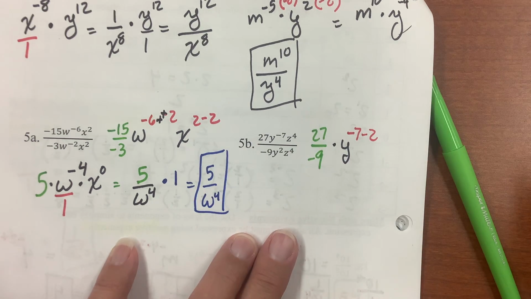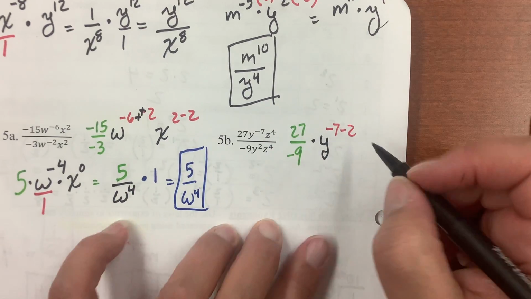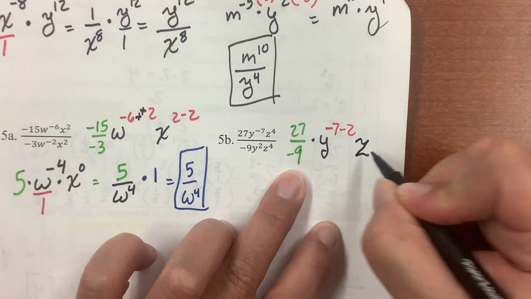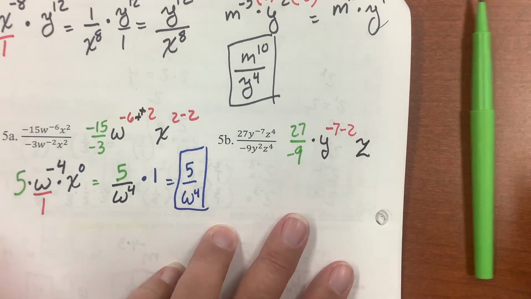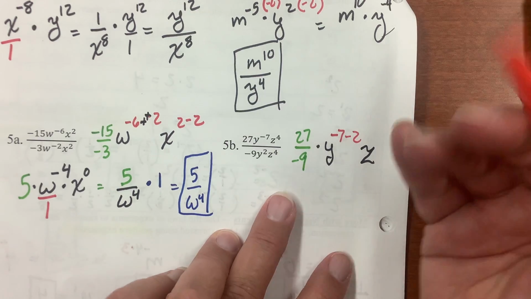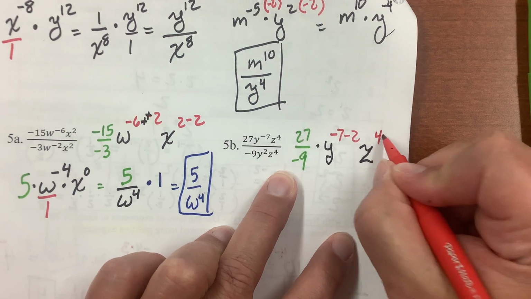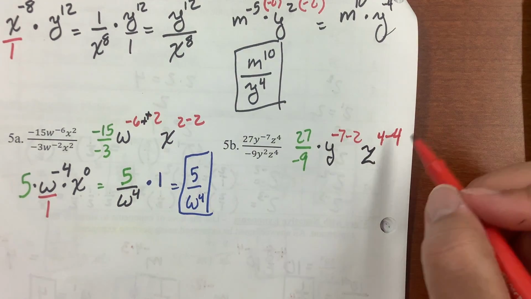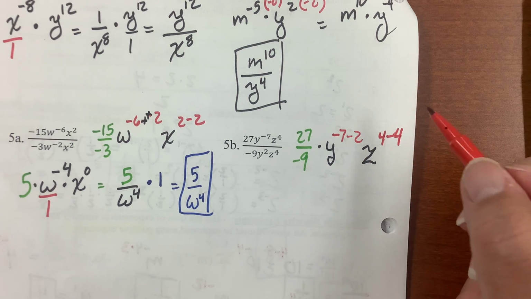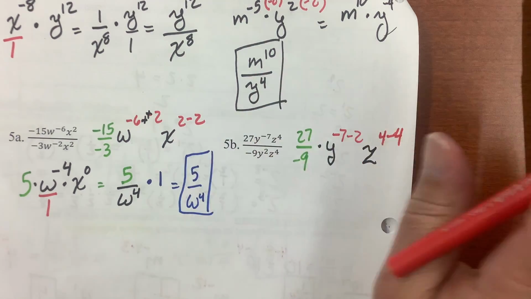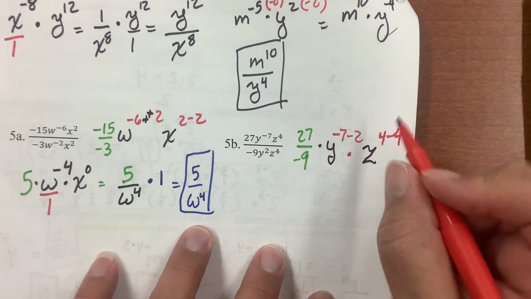And then the next bit, keep the base z, and I'm going to do 4 minus 4. I already know where this z is going. 4 minus 4 is 0. I know that's just going to be times 1. So we'll get rid of that in a minute.